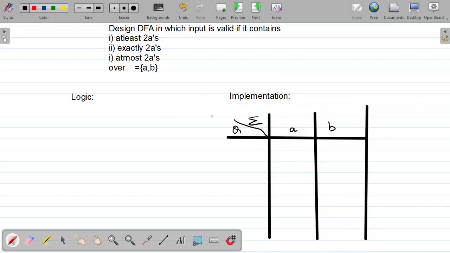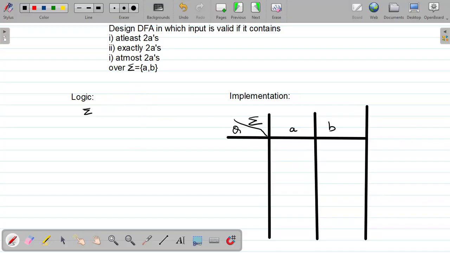So next problem is design a DFA in which input is valid if it contains at least 2 a's, exactly 2 a's, at most 2 a's over input alphabet sigma equal to {a, b}.